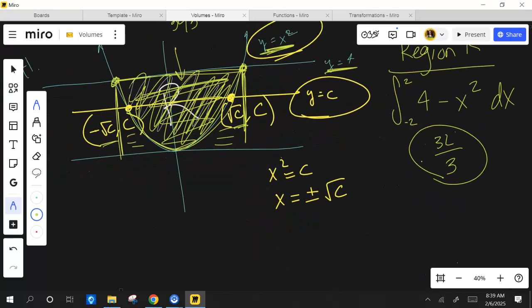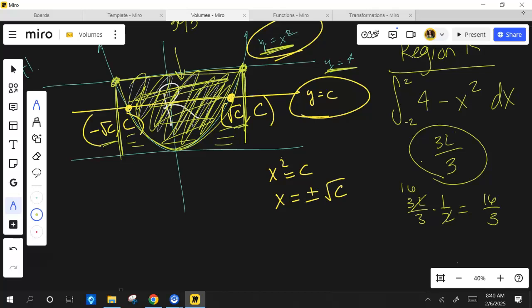So half of that would be, what is that, 16? Okay. Now, 16 over 3 is the area.